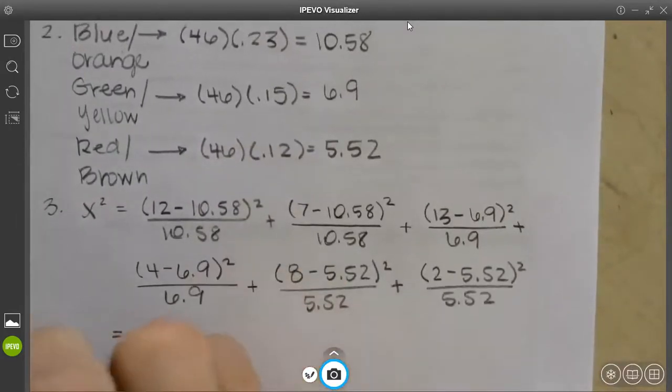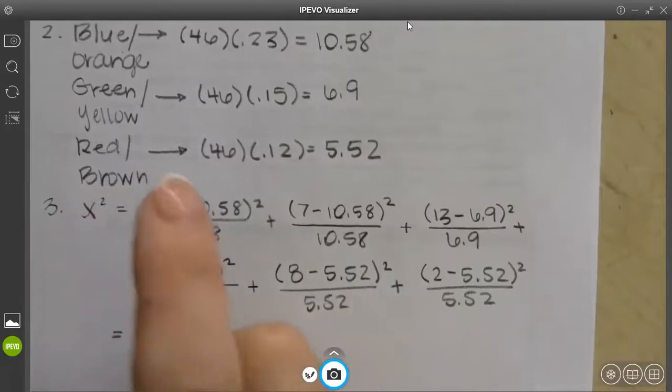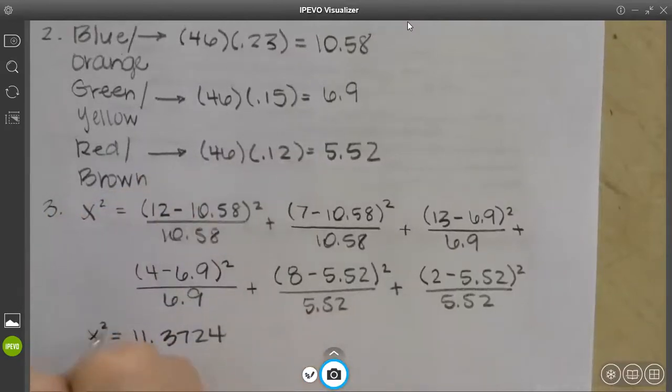When we put it in the calculator, we get 11.3724. Any questions on the check your understanding? Pretty simple. When you have homework, that's what you'll be doing.